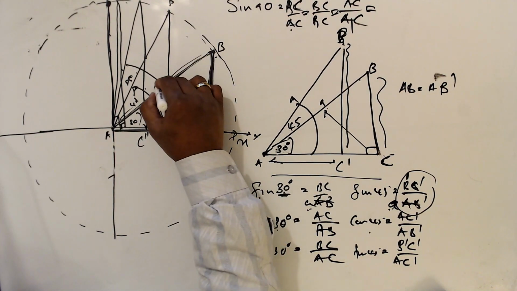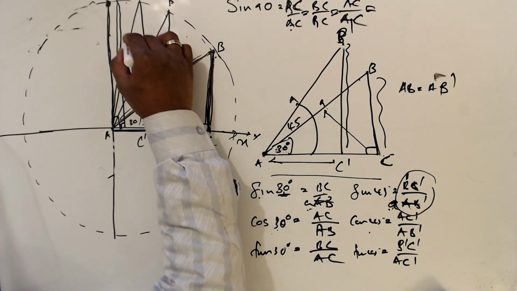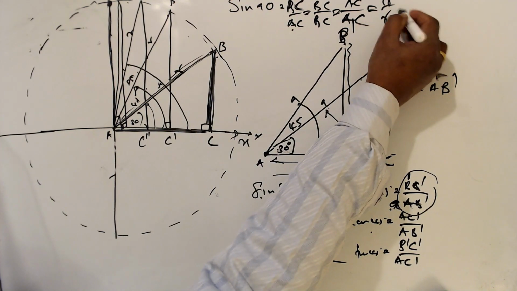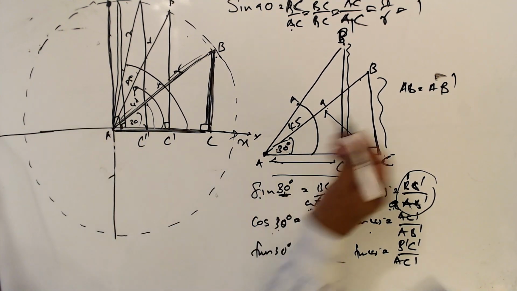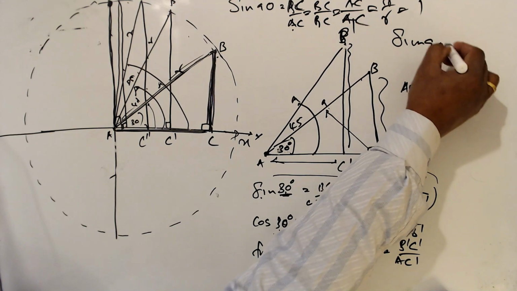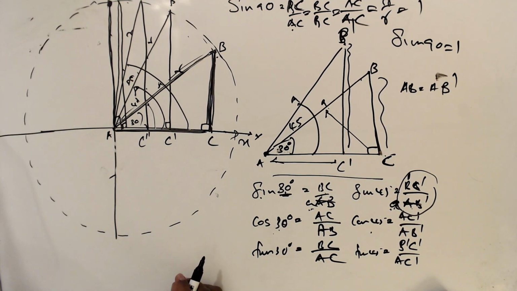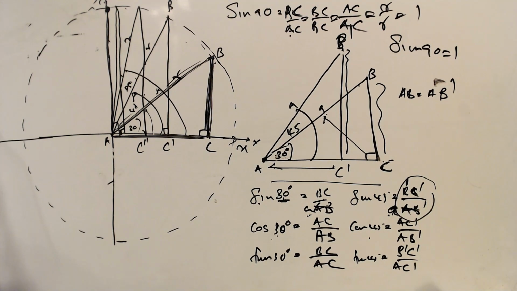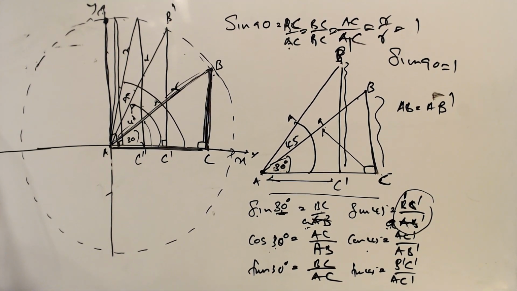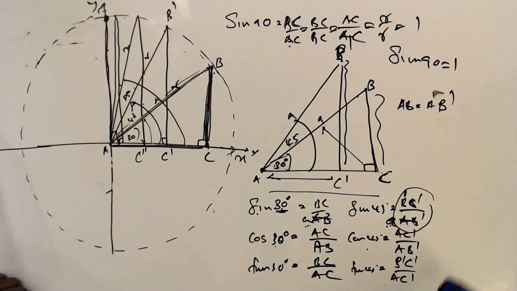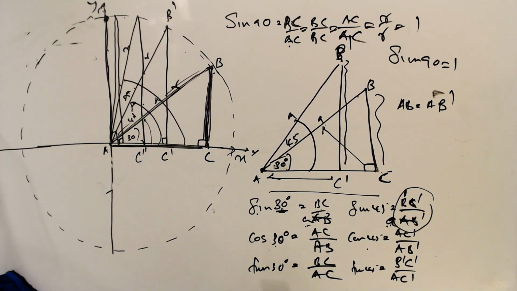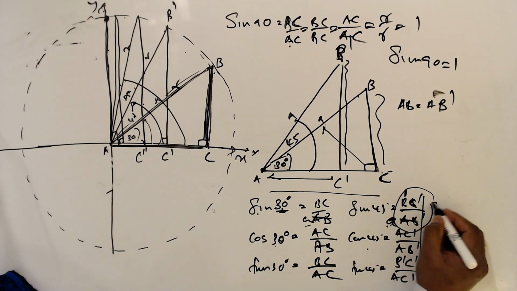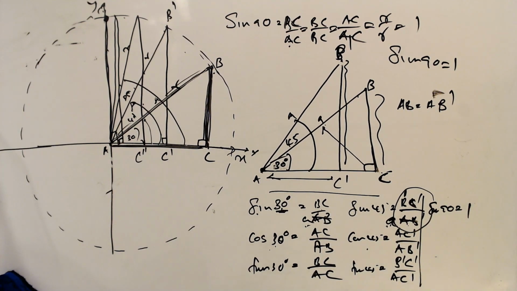If I take this as R radius, comfortable? So R over R. Answer is 1. So sine 90 is 1.